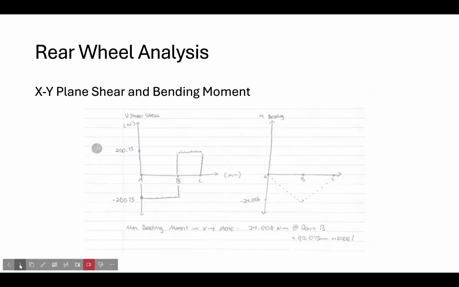Here are the XY plane shear and bending moment diagrams of the axle itself. You can see that on the sides, it is holding about 260 newtons, meeting in the middle to create a large bending moment in the middle of the axle of about 24 Newton meters.